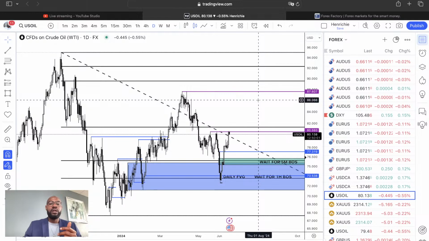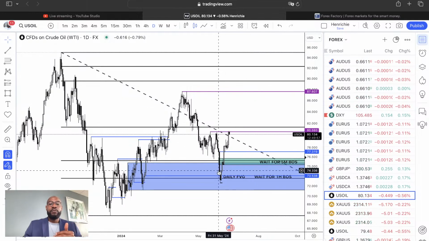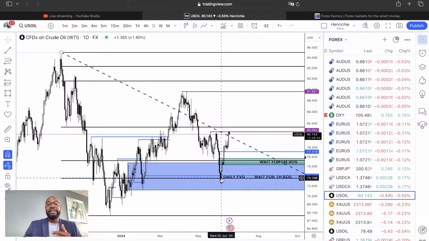benefit. So if you're someone who likes to invest in oil, when price came into this position, this is an extreme discount zone. You could have used that opportunity to buy. You can just open positions, whether it's a call position or whether you're buying shares of oil.